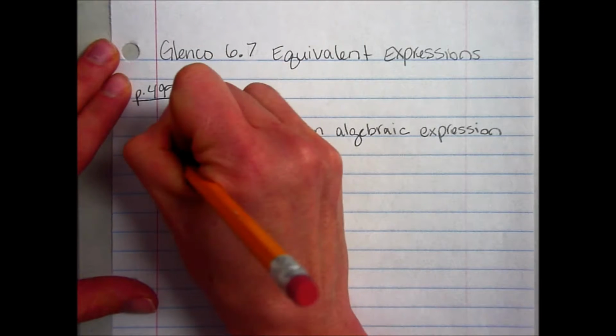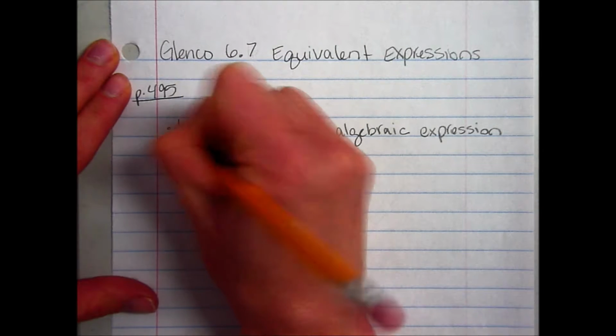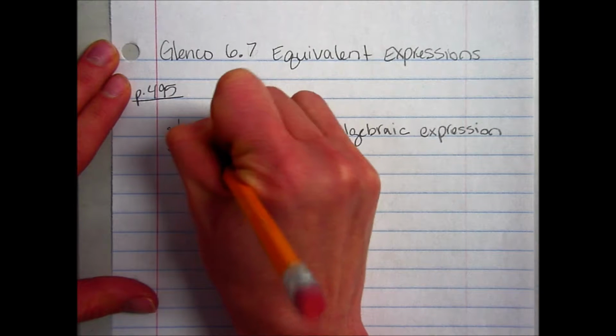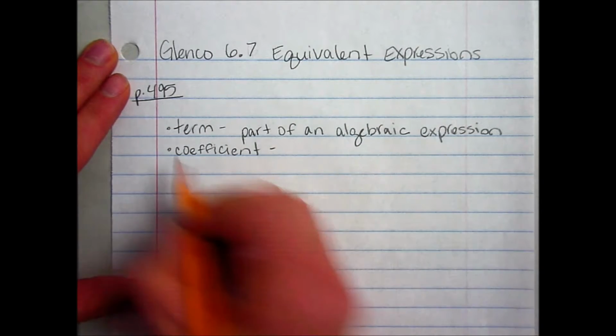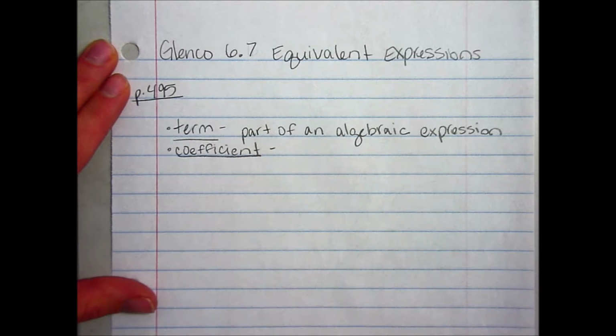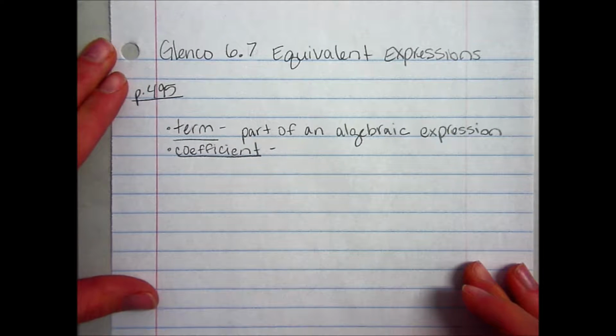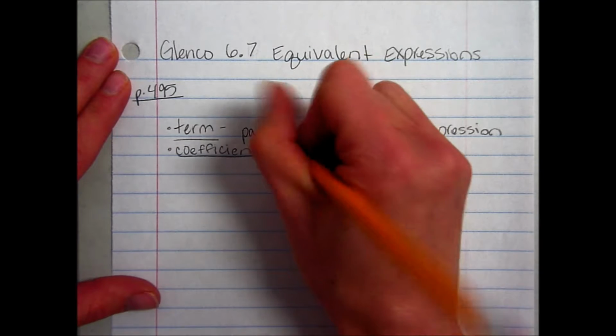Okay, the next word we need to look at is coefficient. Coefficient is the number factor of a term that contains a variable.